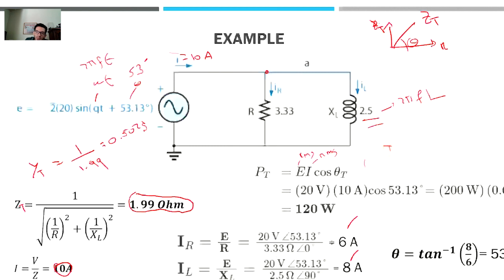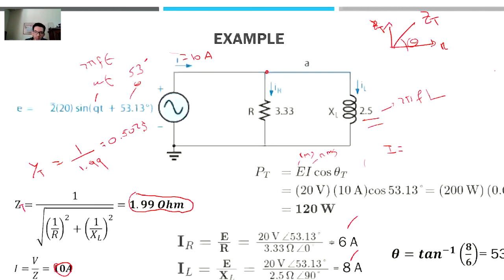If you want to get the total current, let me use a calculator to double check that we're getting those values. So 8 squared plus 6 squared, square root of that, 10, correct, yes.